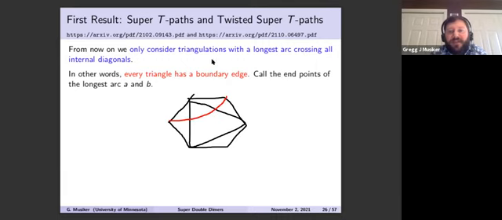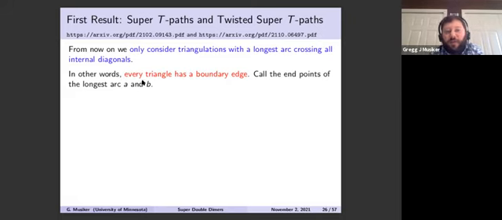And then we would say that the triangulation that we have in mind is really only the triangles that are crossed by that red arc. So we don't really lose any possible formulas from this for the super lambda lengths, but this is a difference that we have to emphasize in this case.